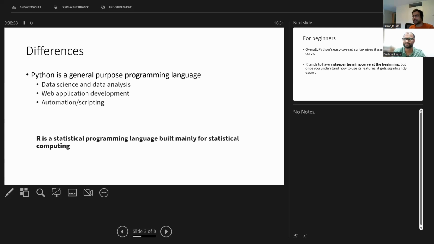So that's the biggest difference between R and Python, and hence you see the usage of Python is also becoming more versatile, whereas in the case of R, even if you use it for data analysis, you have to use another language for your front end development and other things. You cannot use it for end to end development.